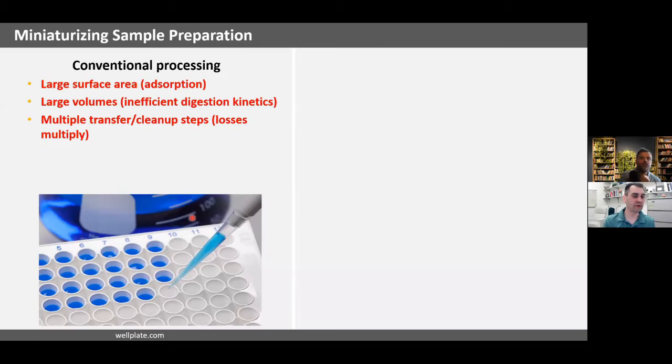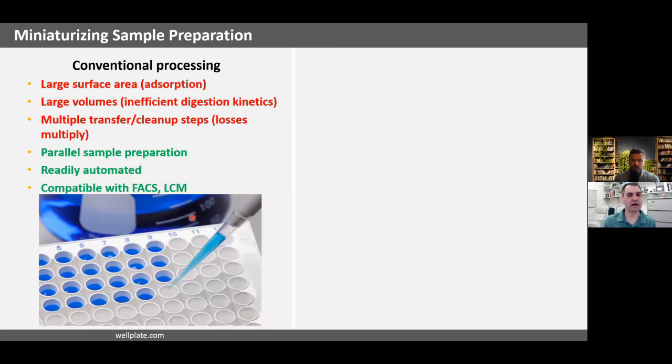We have large volumes, which can reduce your sample or your substrate concentration, leading to inefficient digestion kinetics. And there are often multiple sample transfer and cleanup steps such that these losses can multiply as you transfer from well to well.